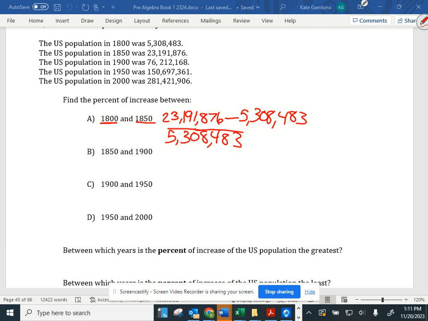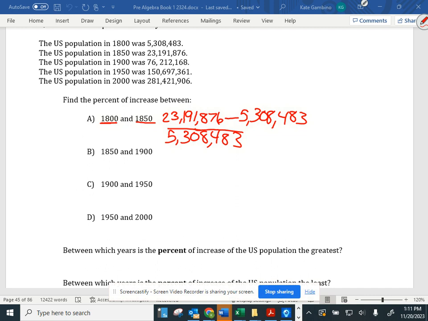So if we have 23, oh, okay. What did you get, Kaylin? I got 53048. Kyle, what did you get?